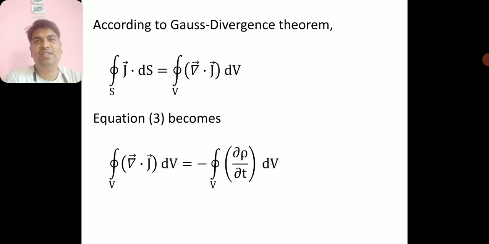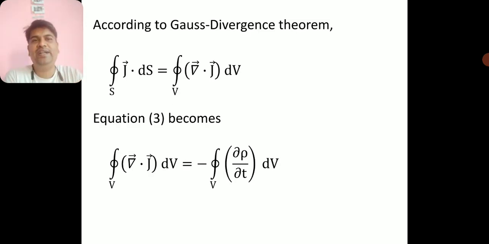If you want to convert a surface integral to a volume integral, you have to add the divergence. So the surface integral of J dot ds is equal to the volume integral of divergence of J dV. That is what the Gauss divergence theorem says, and I'll apply it in equation 3.